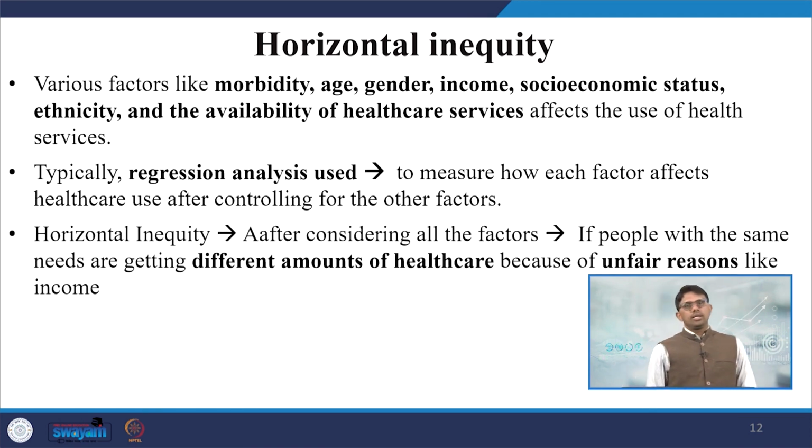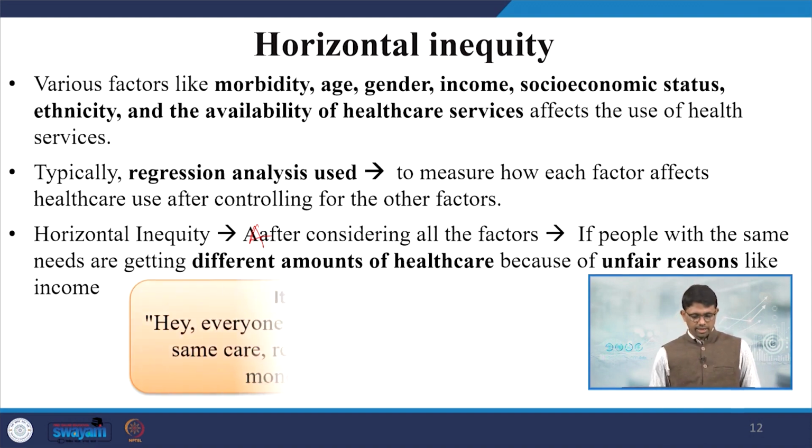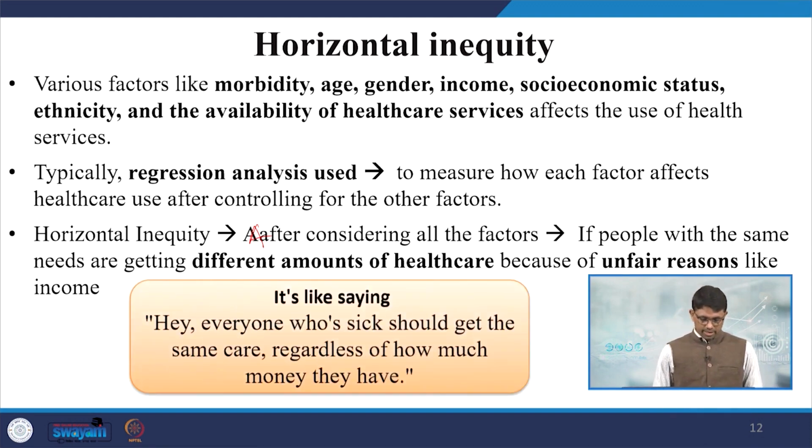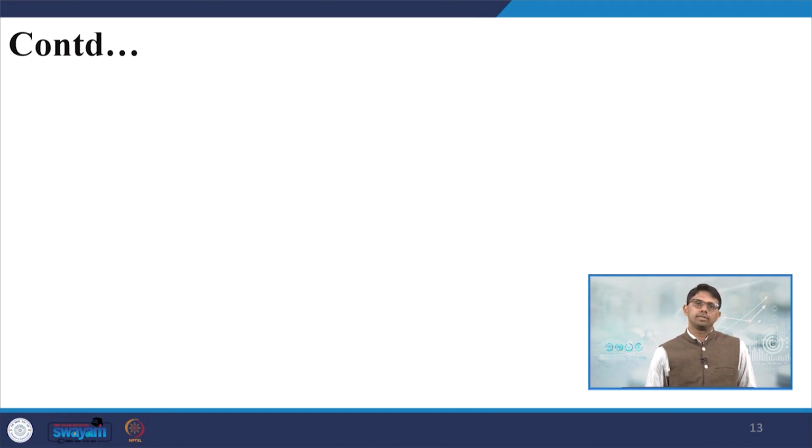Horizontal inequity is what remains after considering all the factors: if people with the same needs are getting different amounts of healthcare because of unfair reasons like income. It's like saying, everyone who is sick should get the same care, regardless of how much money they carry.